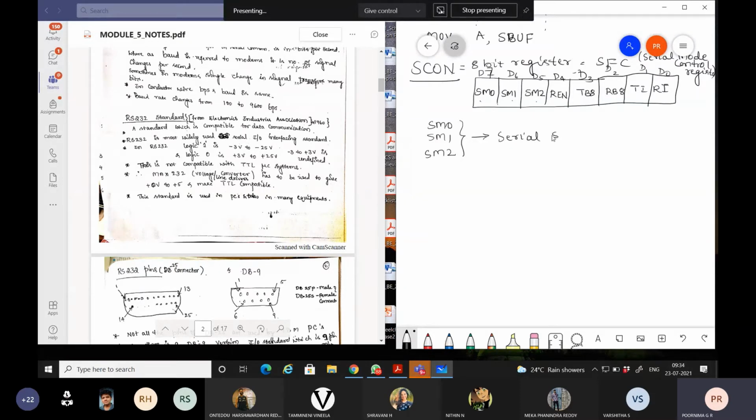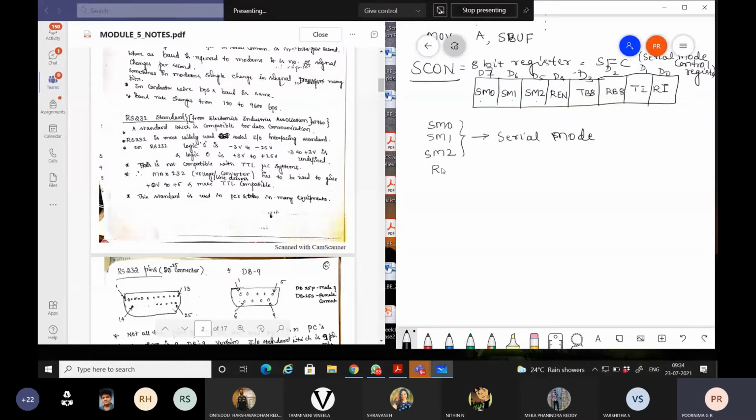Which mode you make use of for serial communication is represented through these bits. By setting these 3 mode bits, we can configure the serial communication. Which are the modes? Let us discuss. These are the serial mode specifiers, and I'll give you what each bit configuration represents.